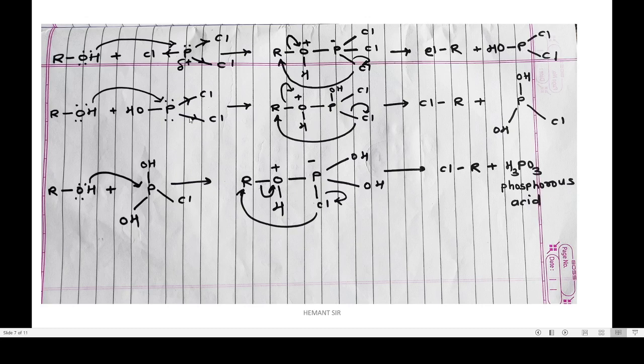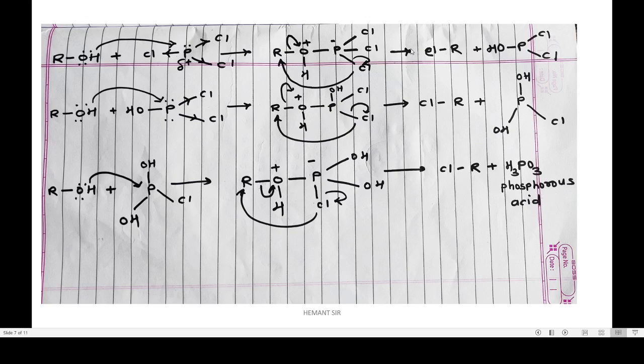Okay. Then this byproduct HOPCl2 again reacts with the alcohol. It gives RCl plus P(OH)2Cl. Okay. Again this byproduct reacts with the alcohol. It gives RCl plus H3PO3, that is phosphorus acid.